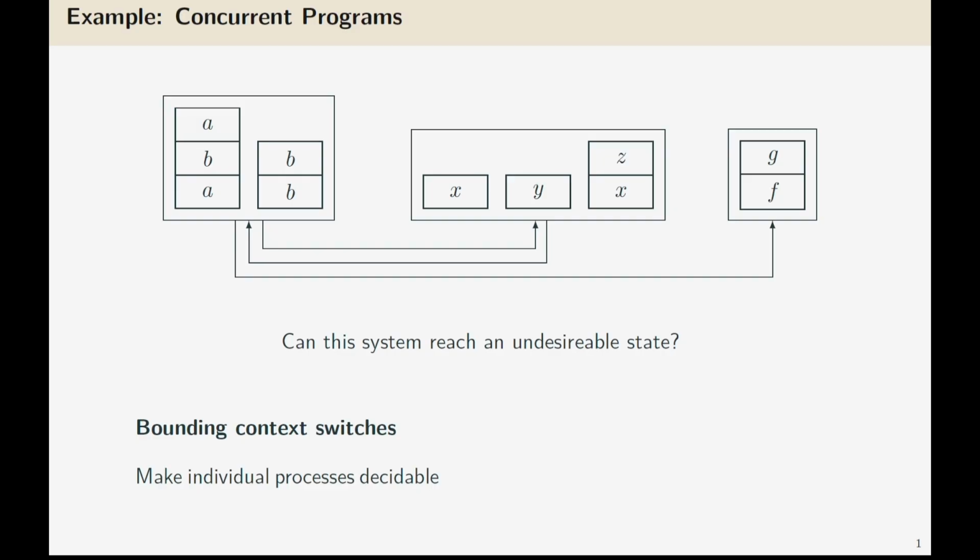That is already sufficient to make the individual processes decidable. Then we will also compute the downward closure of the language of the whole system, which is possible because irrelevant spawns of programs that are never executed can be ignored. And that makes the analysis task as a whole feasible.